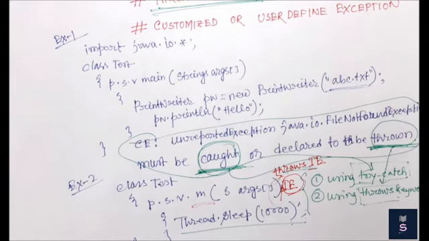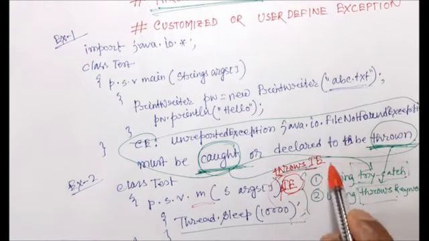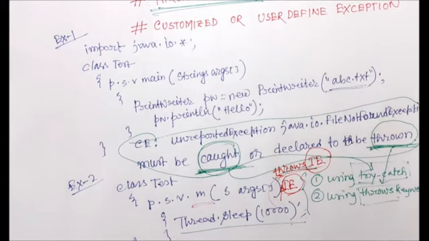The caller may be another method or the JVM, because main is called by the JVM, the Java Virtual Machine. So who is going to handle this exception? The Java Virtual Machine. In our throw keyword lesson we told you that whenever a programmer throws an explicit exception, it must be handled by the JVM.